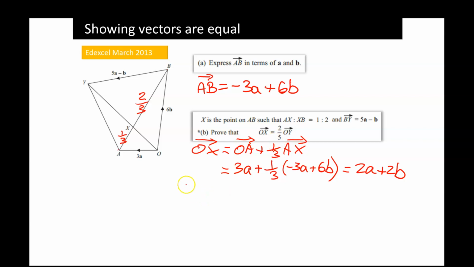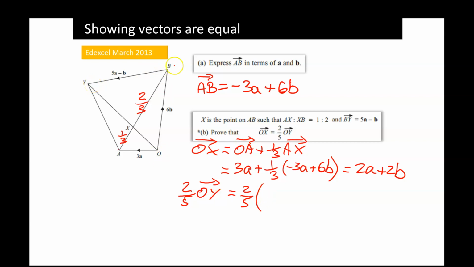Now let's work out what 2/5 of OY is. 2/5 of OY is basically going to be, and I'm just going to write it out so you can see, 2/5 of OY. Well, I can't go straight up there, so I'm going to go up there. So I'm basically going to do OB plus BY.